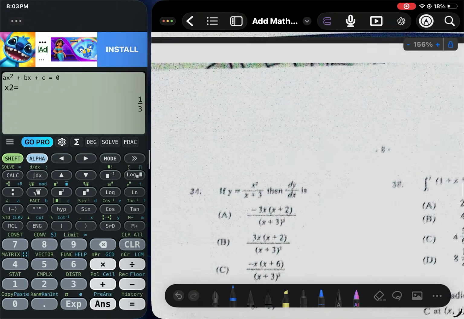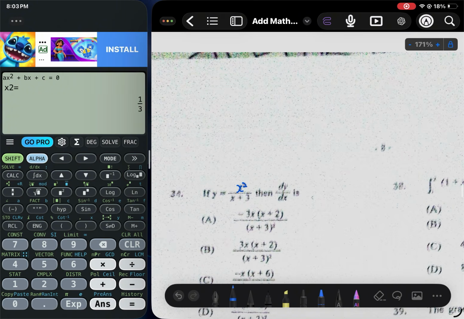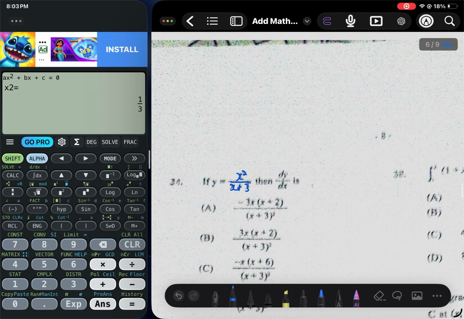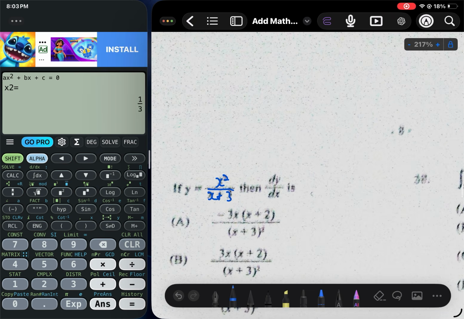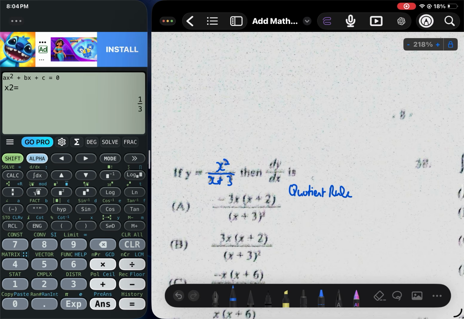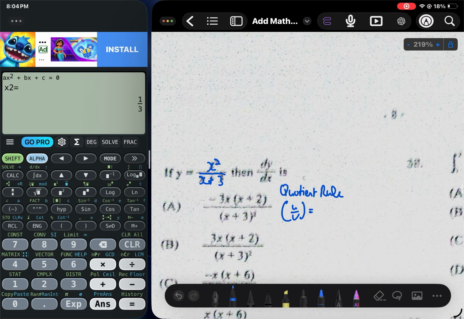If y is equal to x squared over x plus 3, then the derivative is, so this is derivative using quotient rule. So we know that when you have quotient rule, the derivative of u over v is equal to v du minus u dv over v squared.